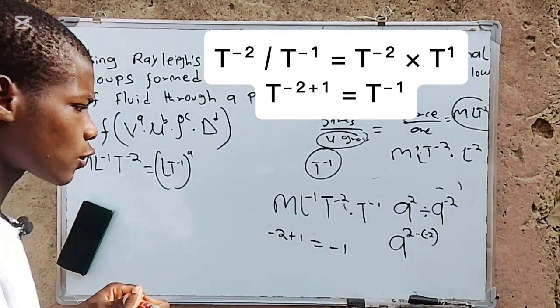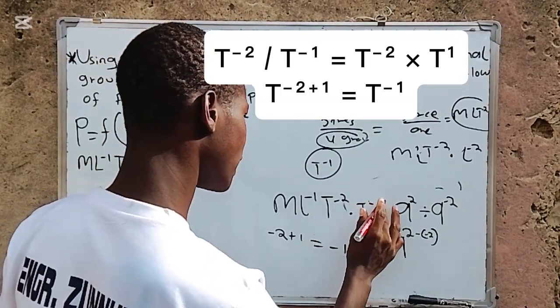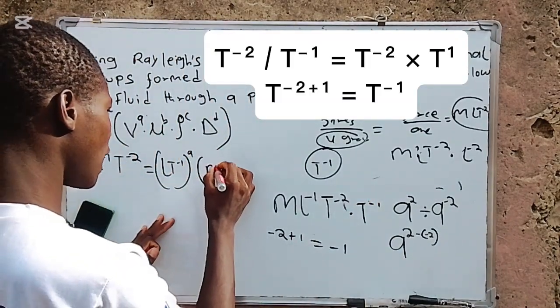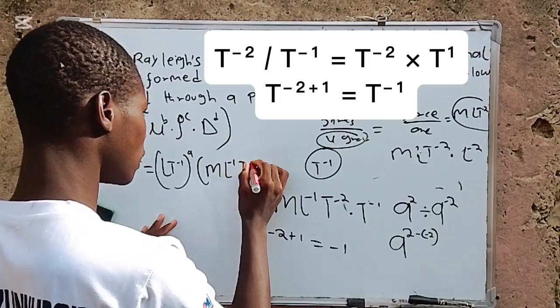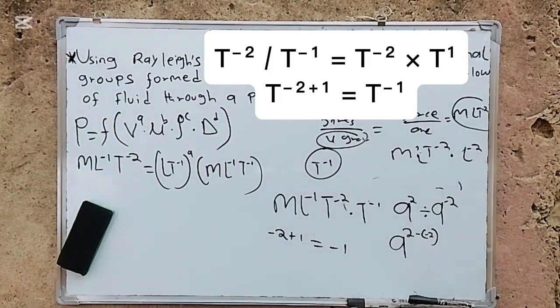I have to get it. So therefore the value of this will be ML to the power minus 1, T to the power minus 1. So I have to get it.